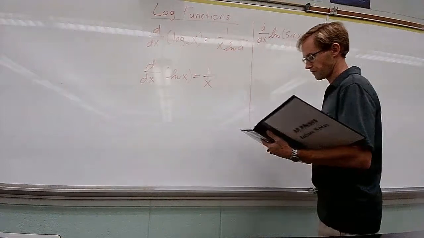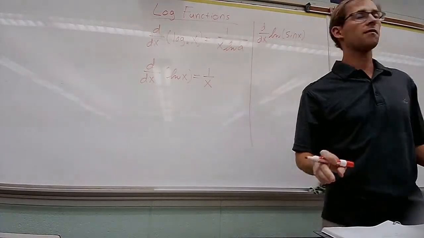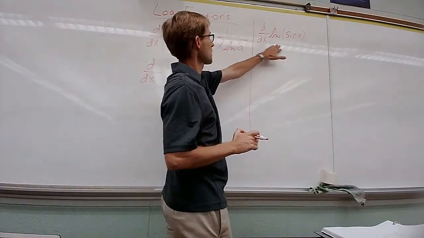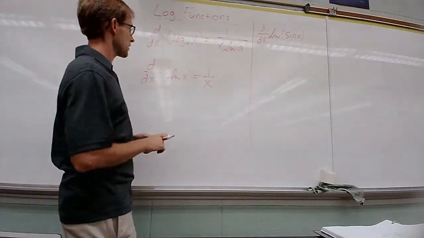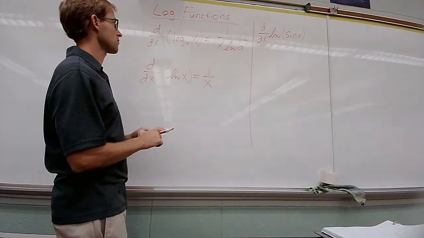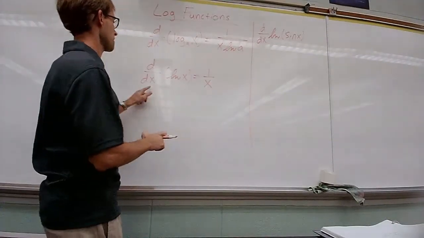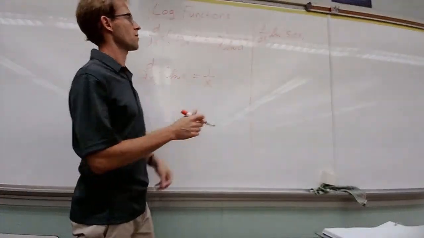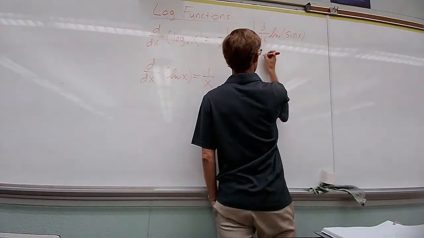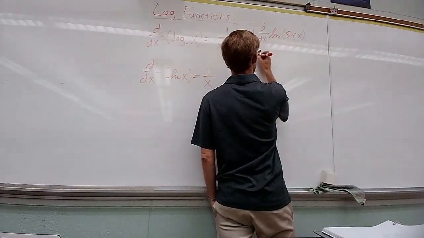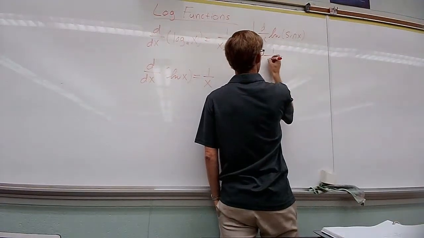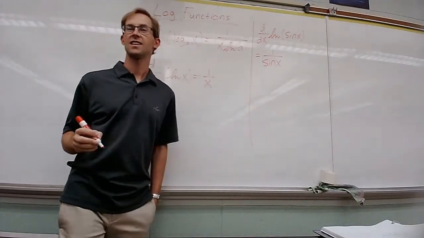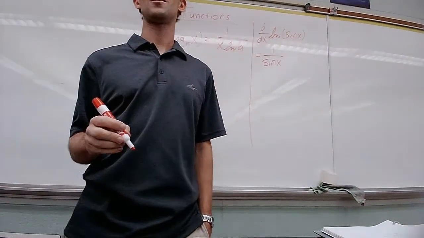All right. So if we have to take the derivative of the natural log of sine of x, we have to just follow these rules. Typically you'll be dealing with natural logs instead of regular logs. If the derivative of natural log of x is 1 over x, then the derivative of natural log of sine x is 1 over sine x, but what do we have to do also?